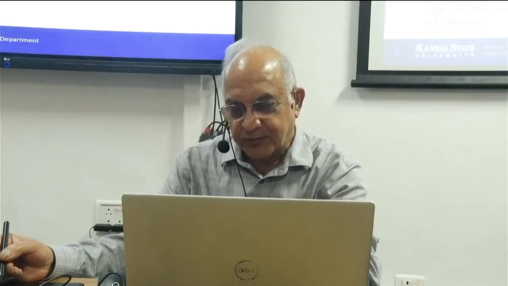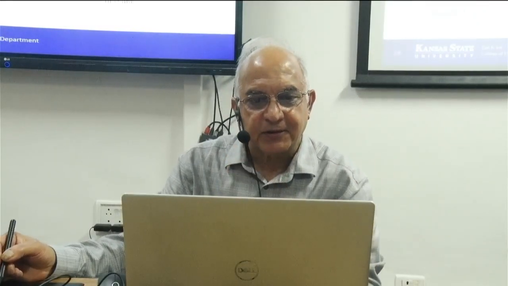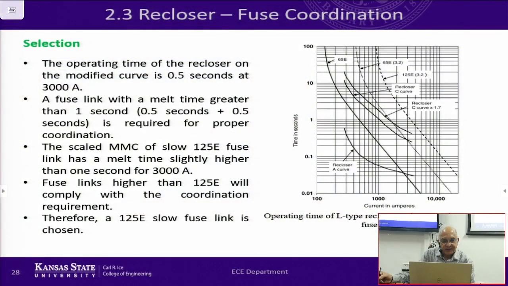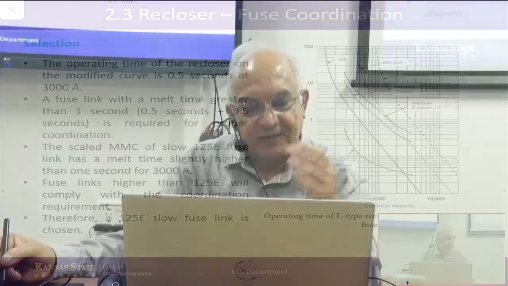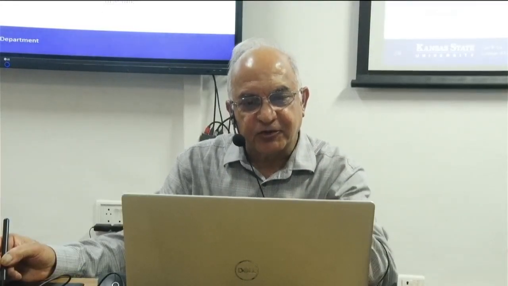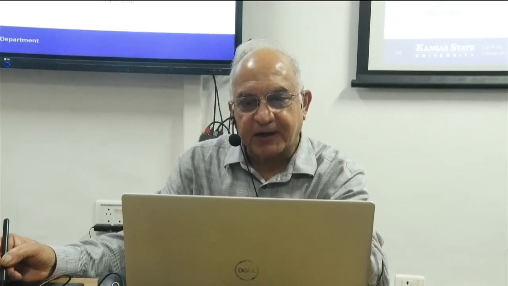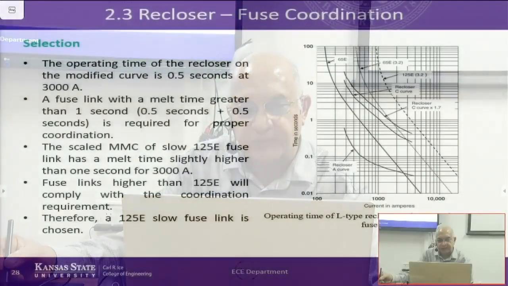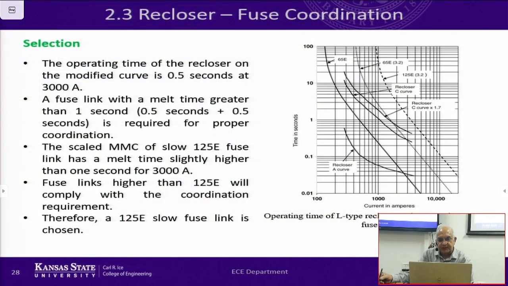Now we're going to move to the coordination on the load side. This is actually the same graph drawn again with all the details that I told you. At 3000 amps, we have sufficient separation between them, so it's okay.